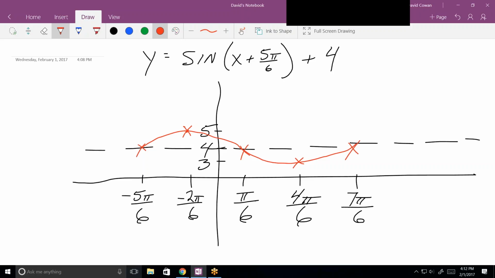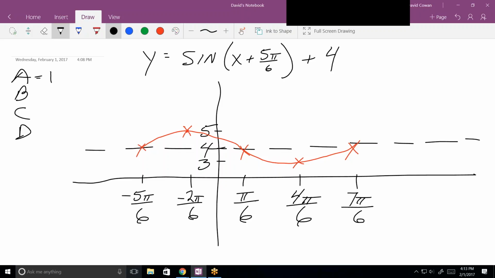Now, let's say they gave you that curve and said, come up with the equation of it. Okay. Well, I would know immediately it's a sine curve. When you have to come up with the equation of a curve, you need to come up with A, B, C, and D. Well, we know A is 1.